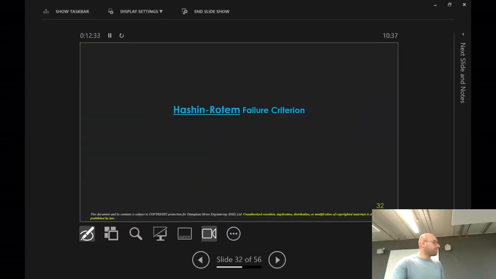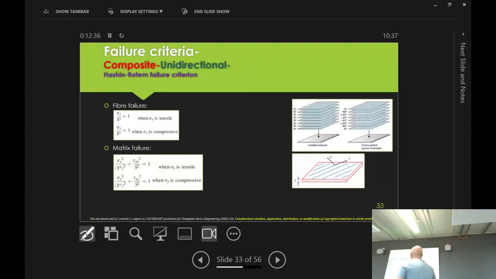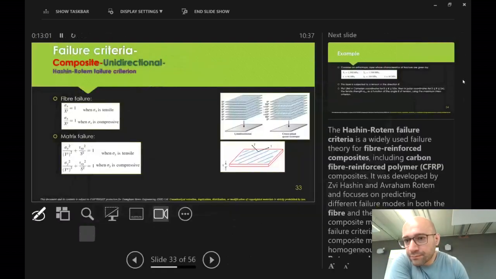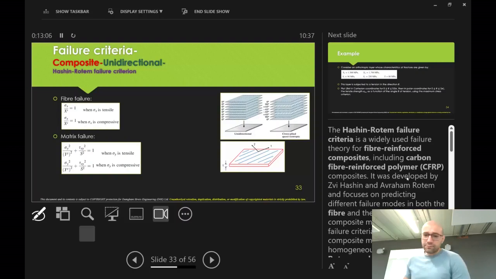Another one is Hashin-Rotem. Well, have a look. First of all, have a look before I make any comments. So what do you see here?